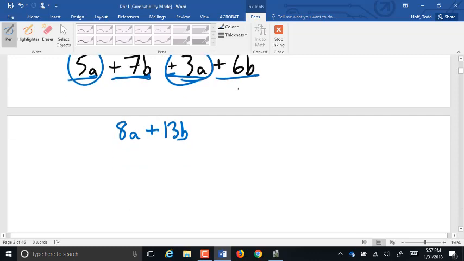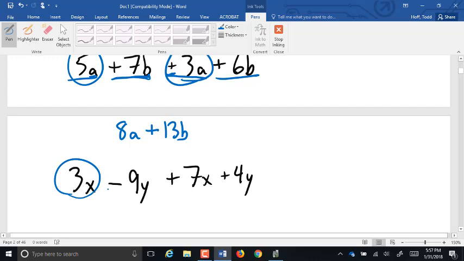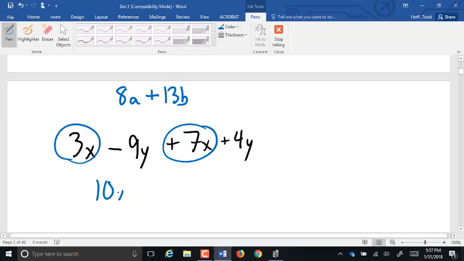We can have things like this. So when we go to combine here, we've got 3x, and what can we combine with it? Positive 7x. That combines to make 10x. It's positive, but we don't need to put a plus in front of it since it's the first number.